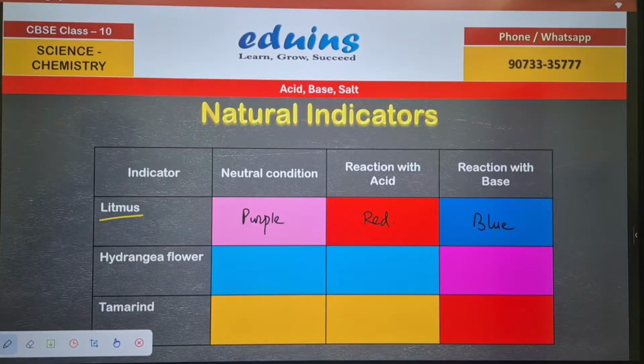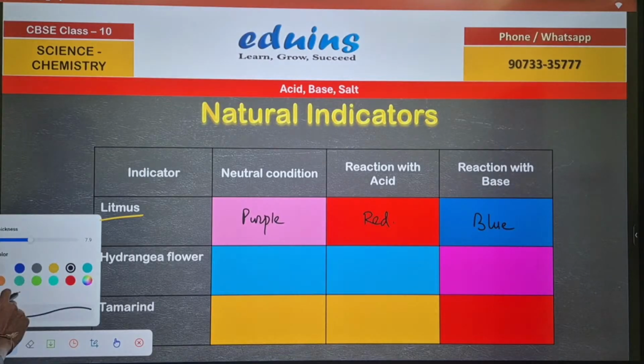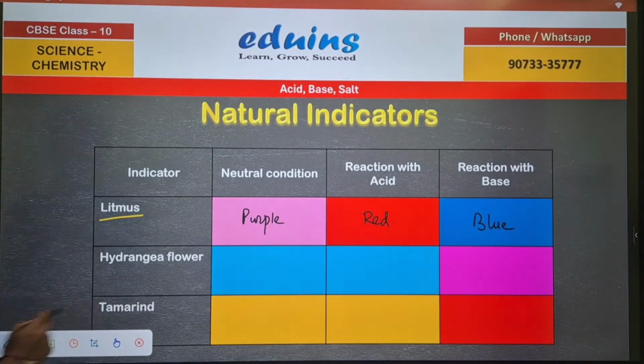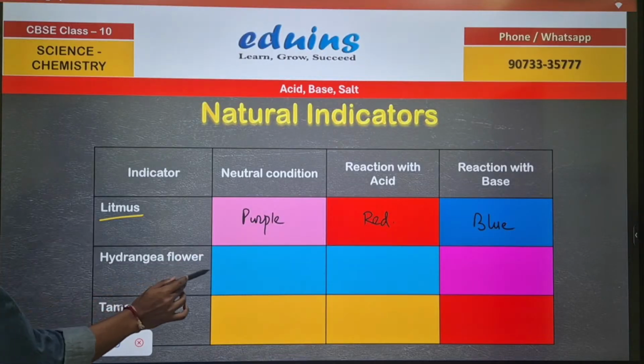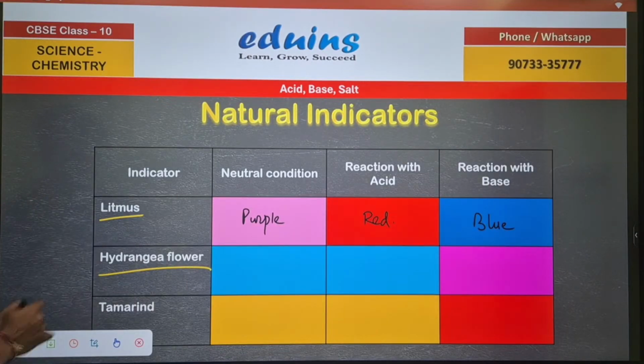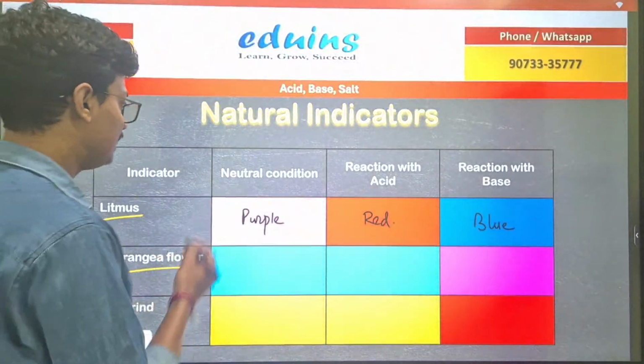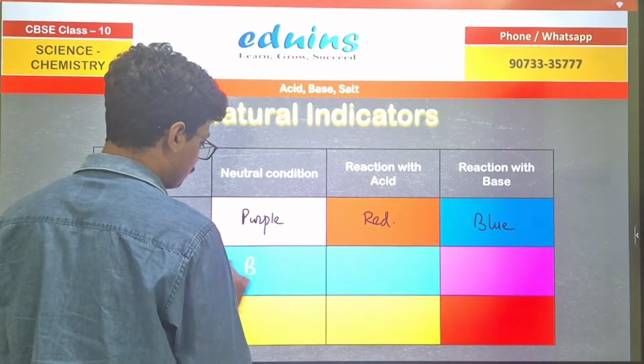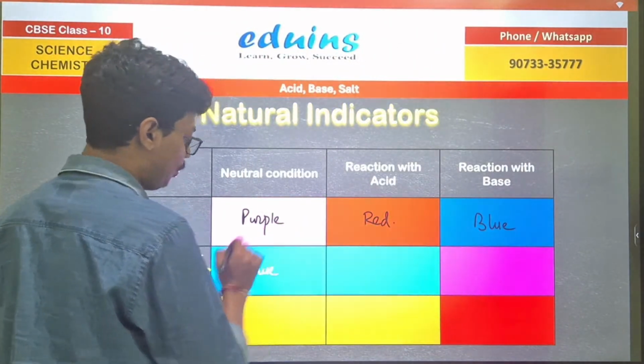Okay, so next one is the hydrangea flower. This is also a natural indicator. How does it change its color? In neutral condition, its color is blue.